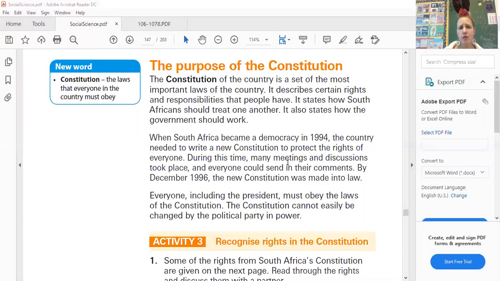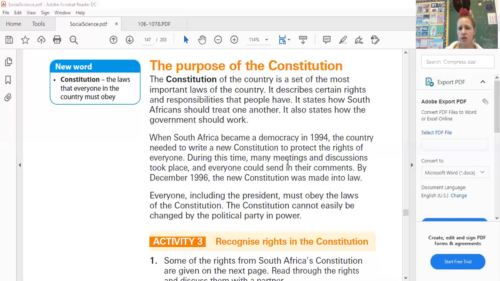They weren't equal. During this time, many meetings and discussions took place, and everyone could send in their comments. By December 1996, the new constitution was made into law. Everyone, including the president, must obey the laws of the Constitution.